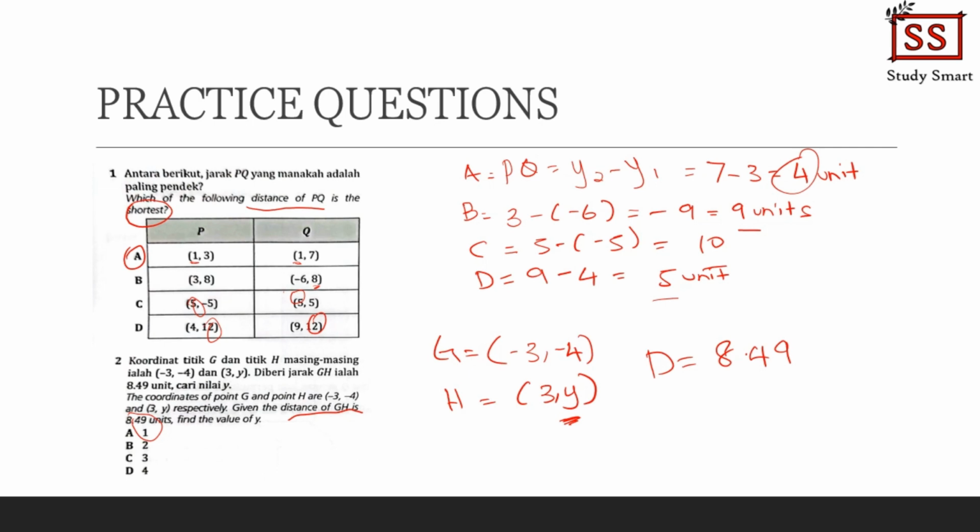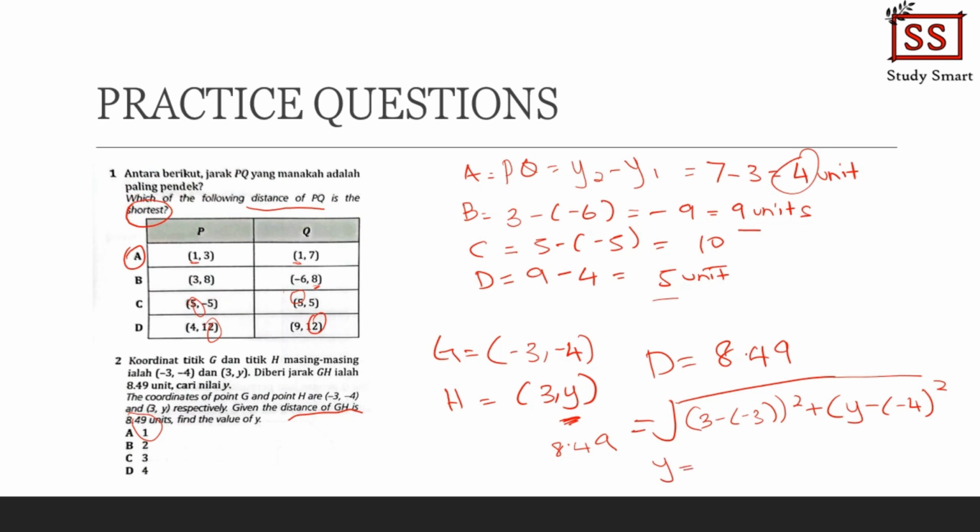Use the formula square root of (x2 minus x1) squared, (3 minus negative 3) squared, plus (y2 minus y1) squared, and your final answer will be 8.49. Once you solve this, you will get the value of y.